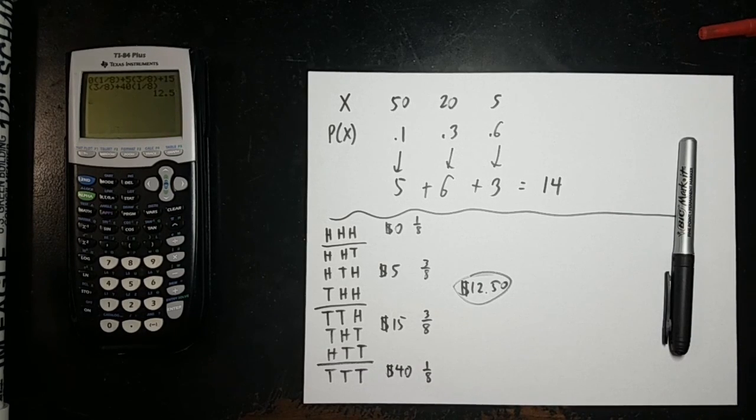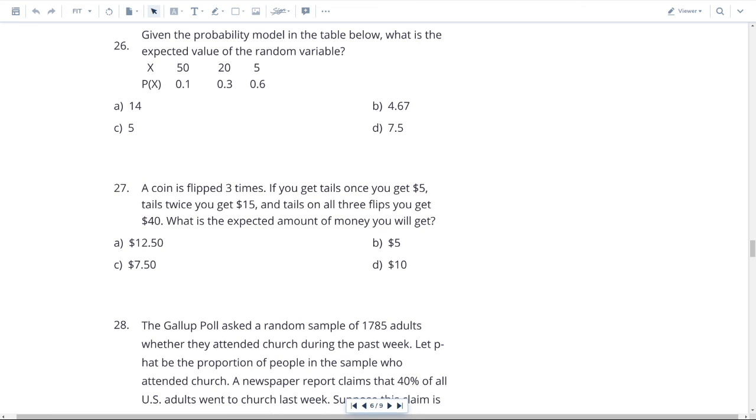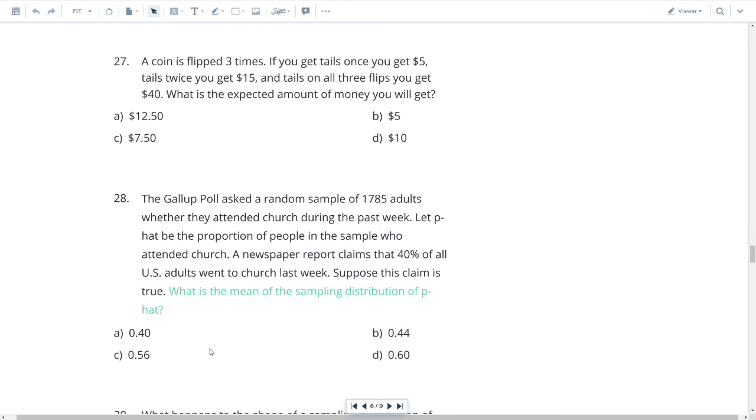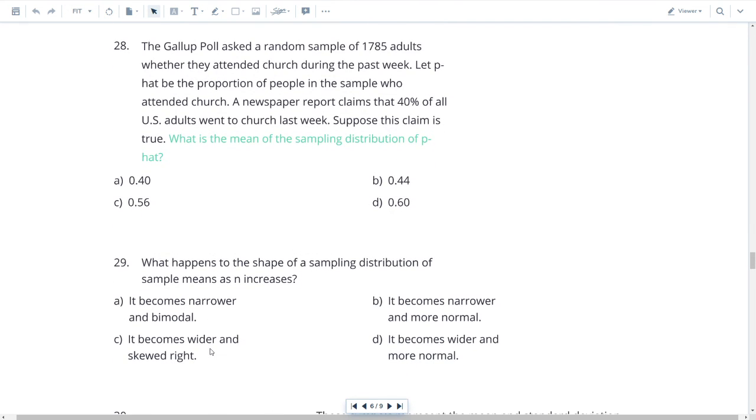Let's jump to number 28. Let's change the window again. There we go. Good. On number 28, the Gallup poll asked a random sample of 1785 adults whether they attended church during the past week. By the way, 94% of you got this right.